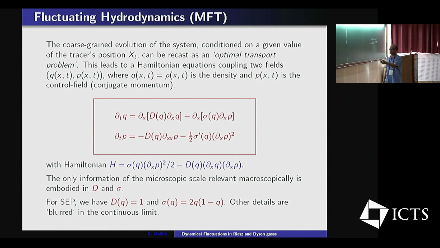The only thing you have to know in these equations is the diffusion constant D and the conductivity sigma, and once you know them from some microscopic calculation, then you have macroscopic equations that you can try to solve and study.